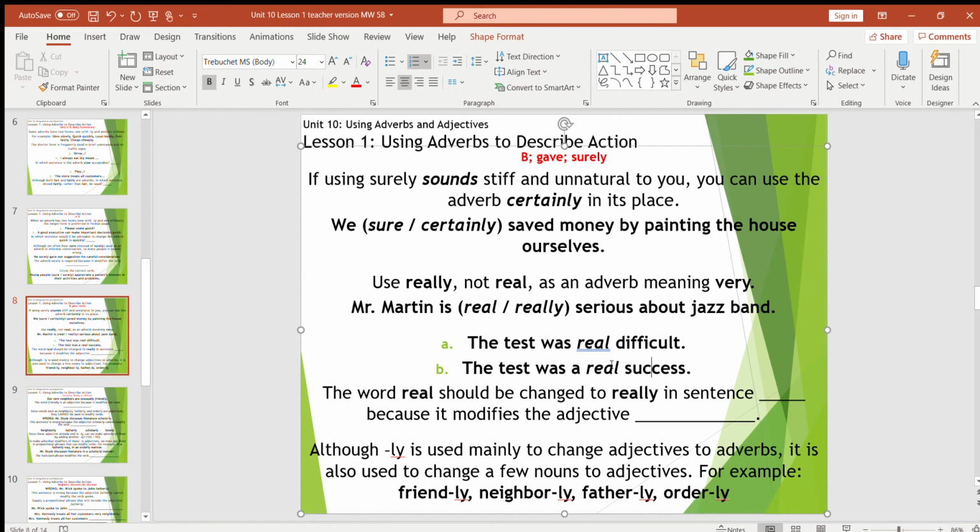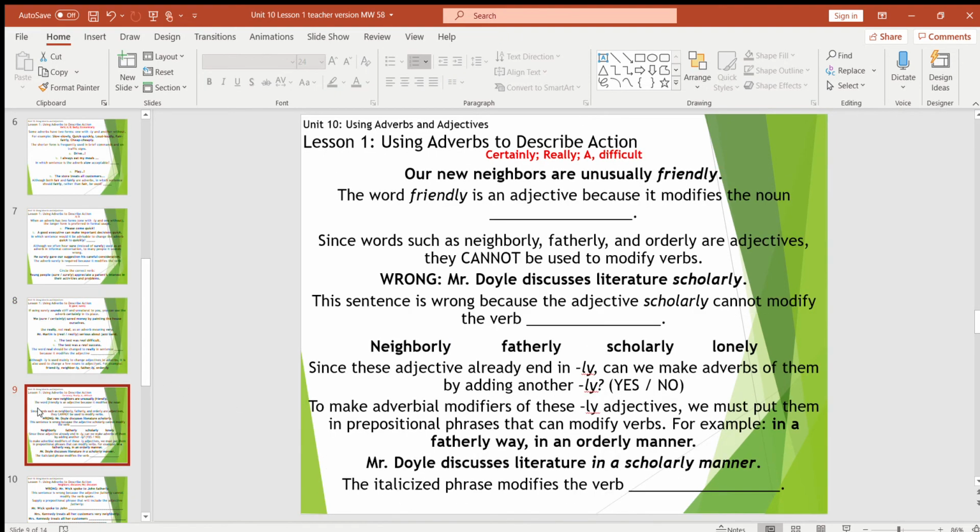So although ly is used mainly to change adjectives to adverbs, it is also used to change a few nouns to adjectives. For example, you can be a friend, but you can do things friendly. You are a neighbor, but you can do things neighborly, or father, fatherly, order, orderly. So, our new neighbors are unusually friendly.